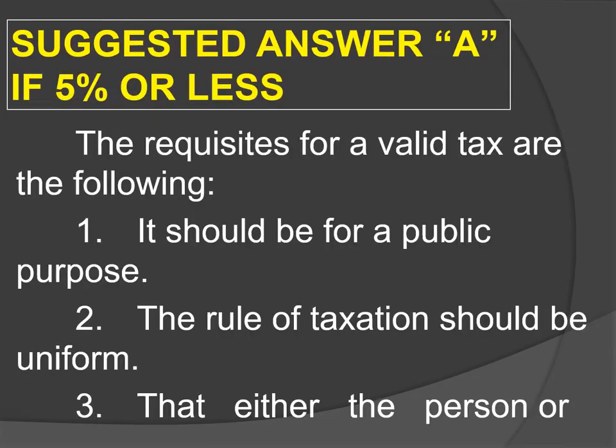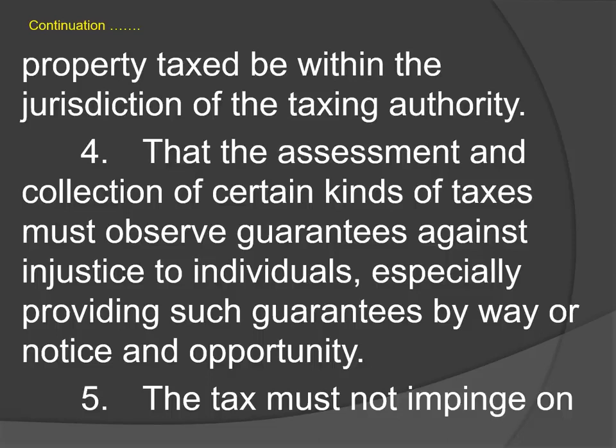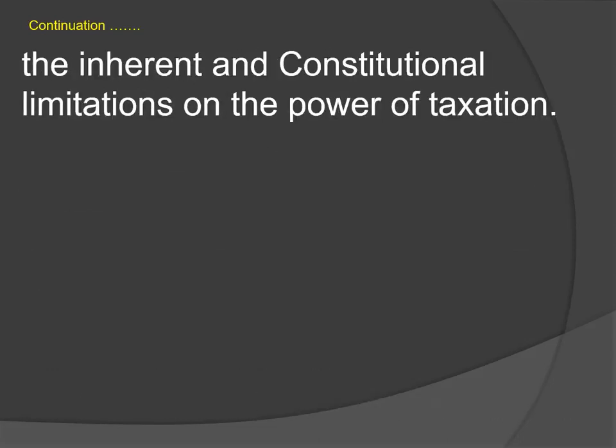So here, you have two suggested answers. Answer A, if you know the answer very well, then what I suggest is that you use the vertical type, so that the examiner could easily see that you've included all the elements of the concept. On the other hand, supposing you've forgotten, then you use the horizontal type.